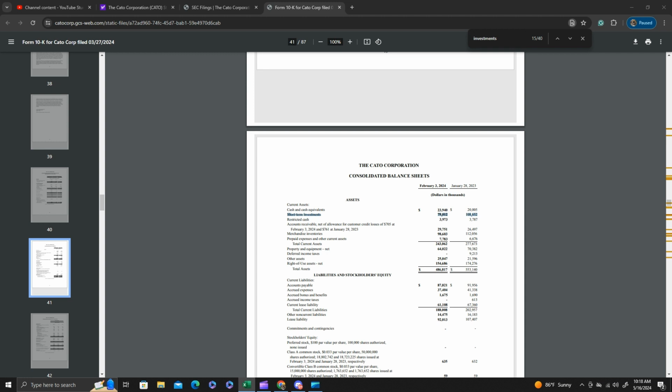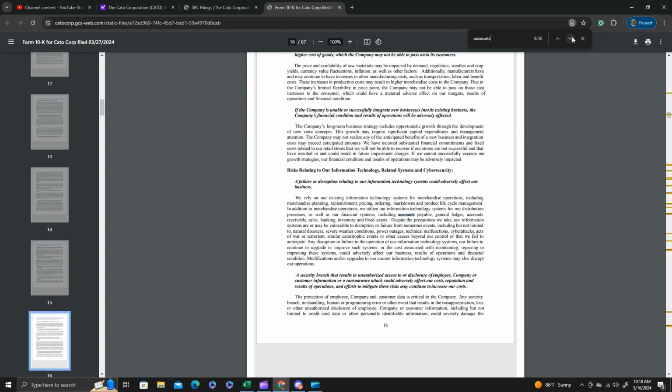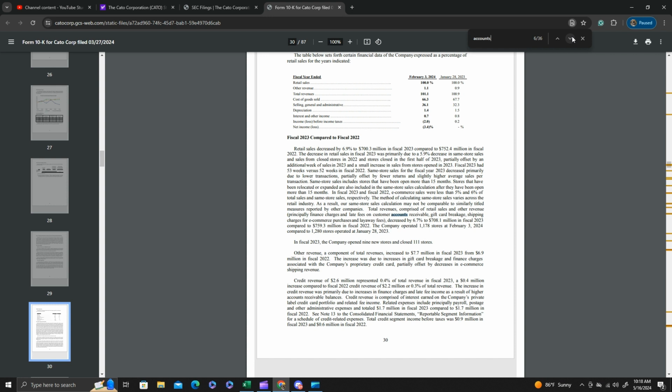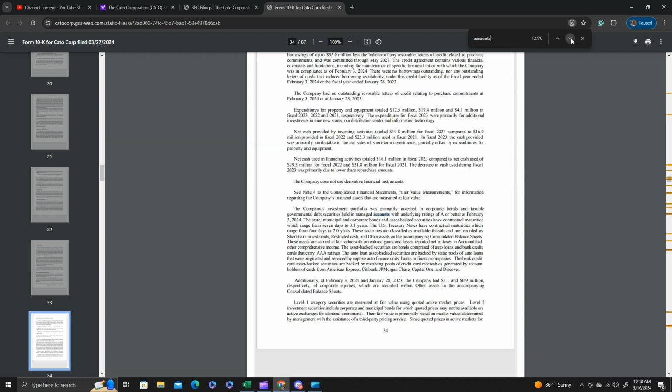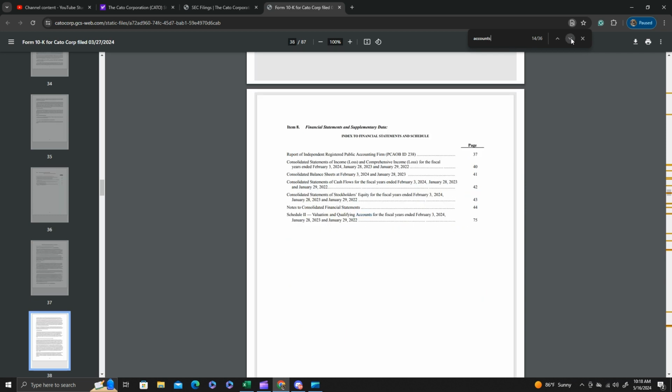Restricted cash, we're going to leave that the same. And then let's see these accounts receivable. Let's see who owes them the accounts receivable.